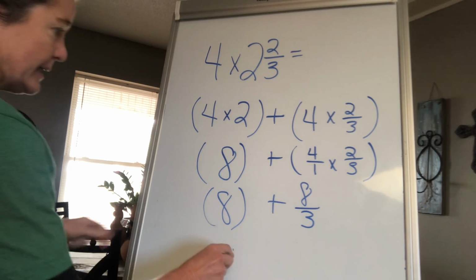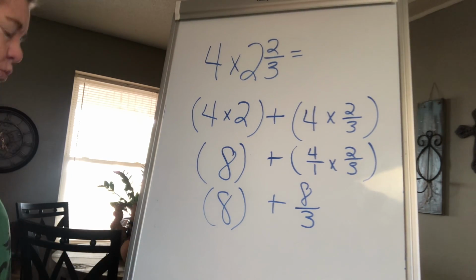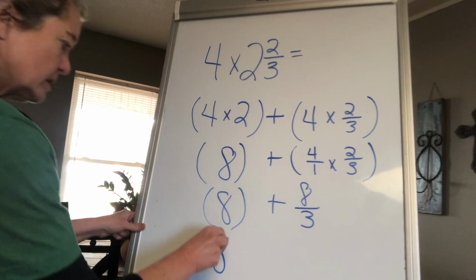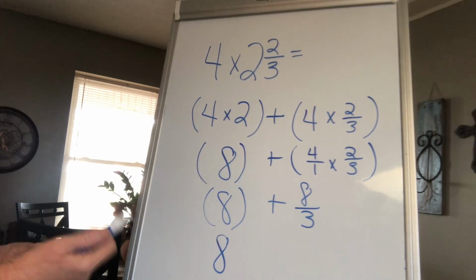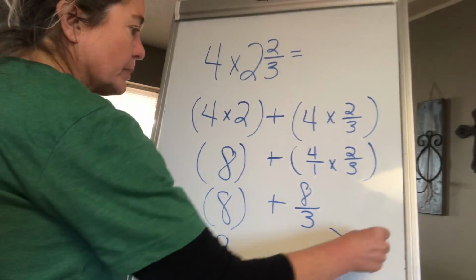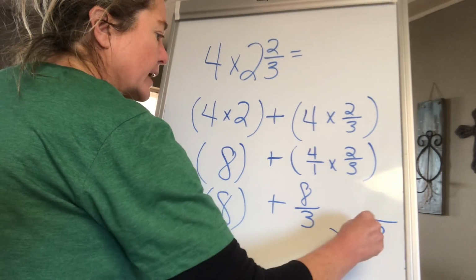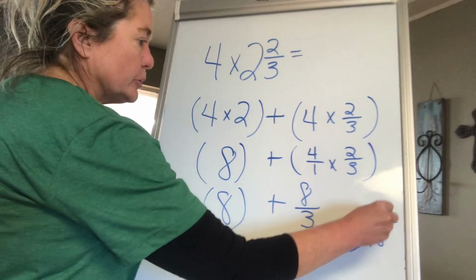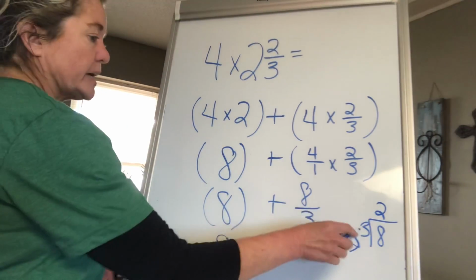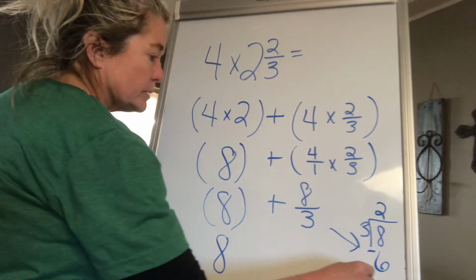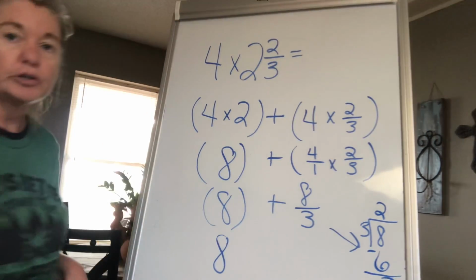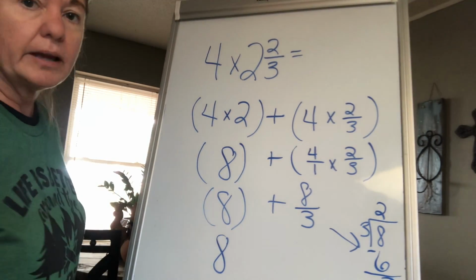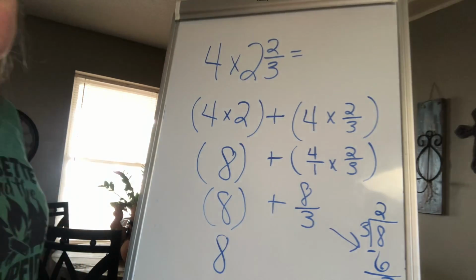So I have 8 and 8/3. Well, let's see, 8, but that doesn't make sense. So we would go to the side and do the math. 8 divided by 3. 3 goes into 8 2 times. 2 times 3 is 6, and we subtract and get 2. There's nothing else to bring down. Let me move that just a little bit.